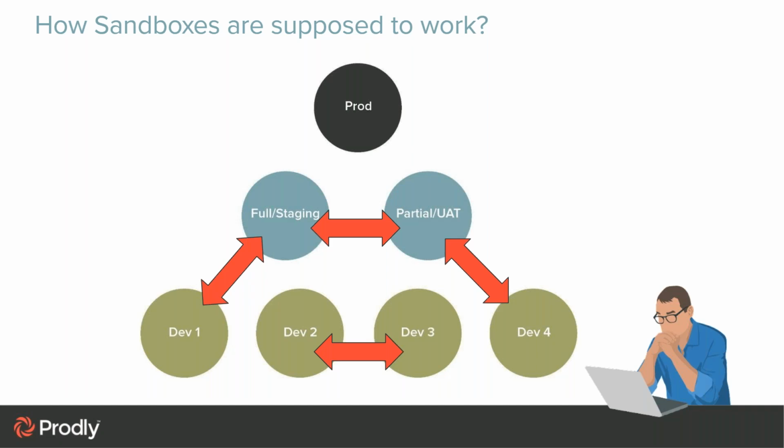We want to be able to promote those new features and changes up into staging, partial, sometimes you'll call it UAT, sometimes that's also in succession, depending on what your landscape looks like. If it works, great. If it doesn't, we want to be able to move it back down into that dev box in order to change it, test it again, move it back up into staging. We don't want to be limited by moving that data here, there, and everywhere. We should be able to move it up, down, and sideways without the headache.